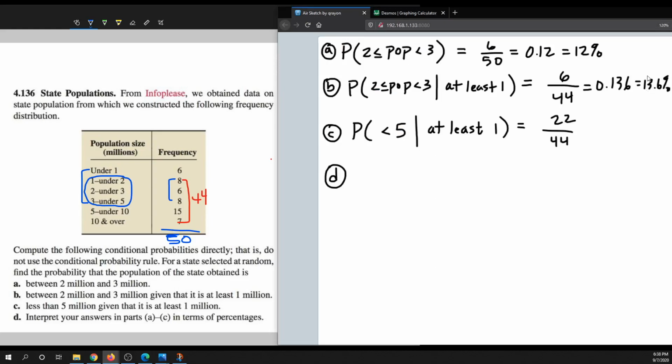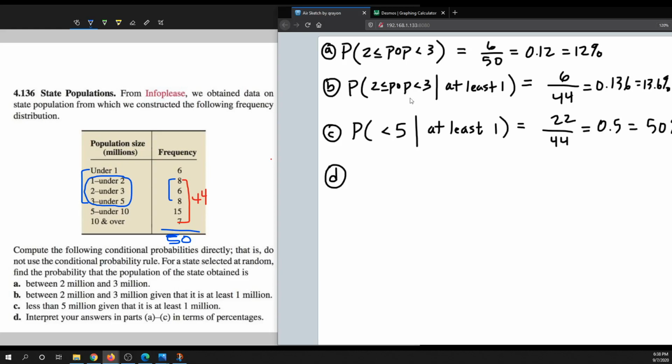All right, and so the interpretation of this as a percentage would be that 13.6% of the states that have at least 1 million population, of those, 13.6% have a population between 2 and 3 million. Okay. In the last example here, we have 0.5 as a decimal, which is 50%.